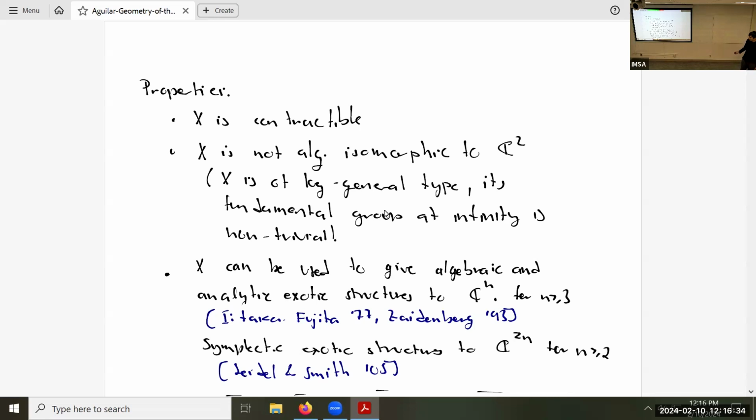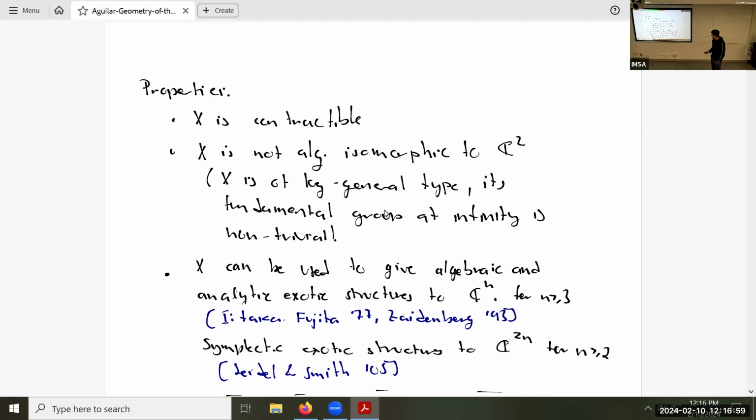So I won't define what this means. But let me say that Ramanujam also gave some characterization of C2 as not only a surface that is contractible, but it's also simply connected at infinity. Whatever that is.